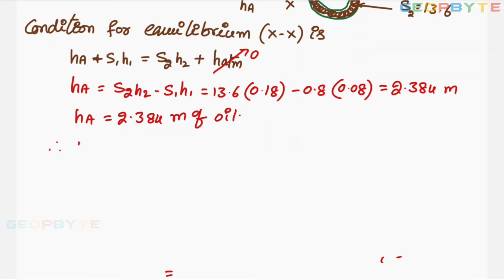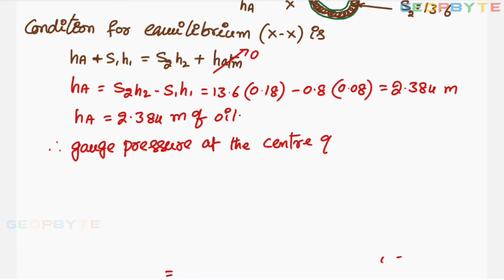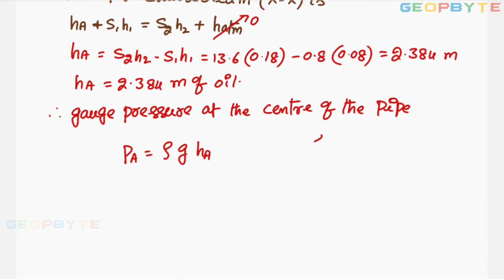Therefore, the gauge pressure at the center of the pipe, PA equal to rho into g into H of the oil pressure head. Here rho should be the density of the water.